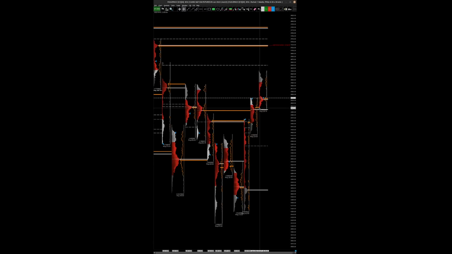And then this orange here is the volume point of control for the week. And then this thick extending white line, you can see it in the profile, is the time point of control. So the widest area of the profile, meaning the most amount of time spent, right? You can have the most amount of time not equal the greatest volume for the week. And so then you'll get something like this, where the most volume for the week is here, but the market spent the most amount of time up here.